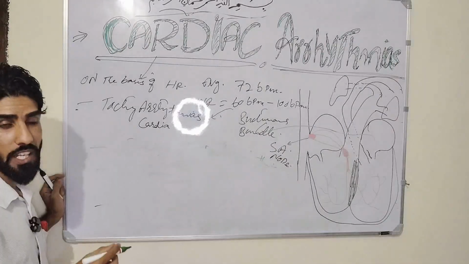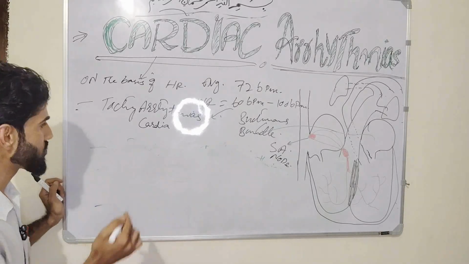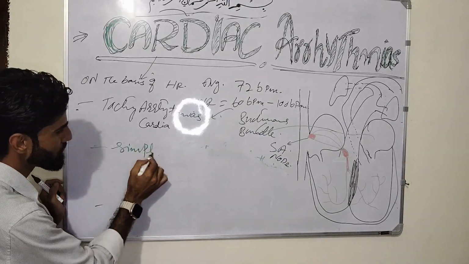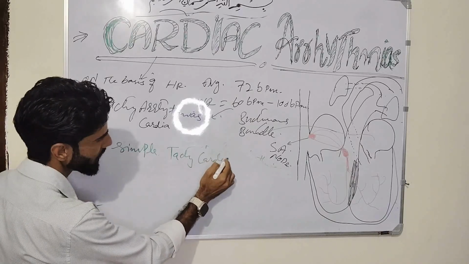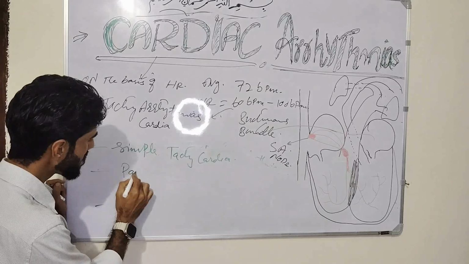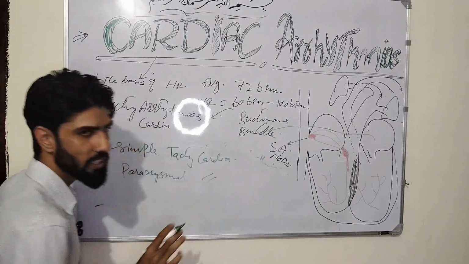Tachyarrhythmias are further classified into different groups. One is simple tachycardia. The second group is paroxysmal tachycardia.